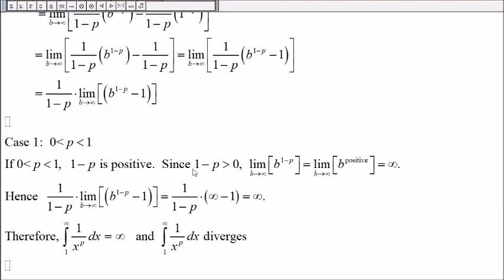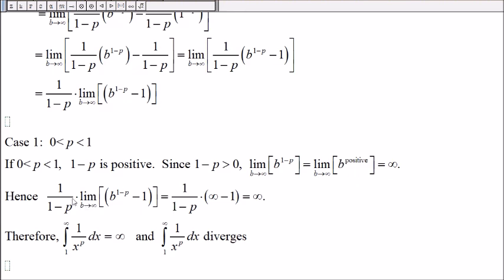So 1 minus p is greater than 0. And so for the limit of b to the 1 minus p, 1 minus p is a positive number. And so if b approaches infinity, then b with some positive exponent will also approach infinity.